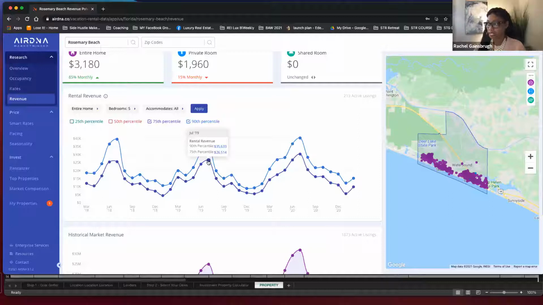June of 19 was about $26K. June of 20 was $30K. And then the 90th percentile made even more.